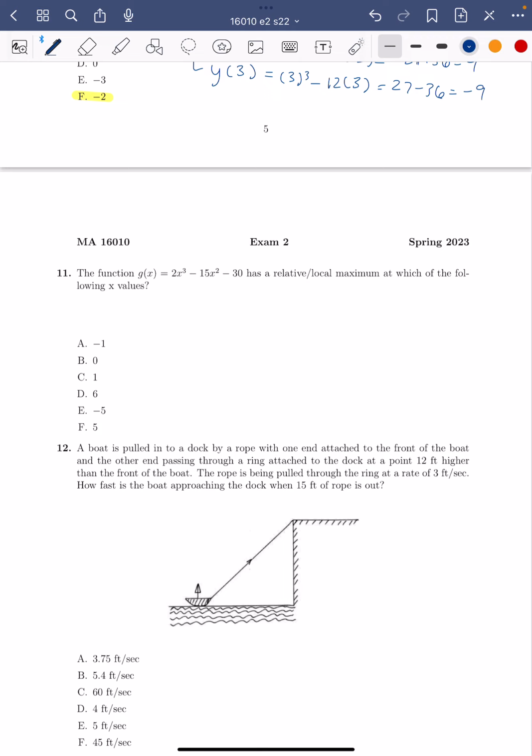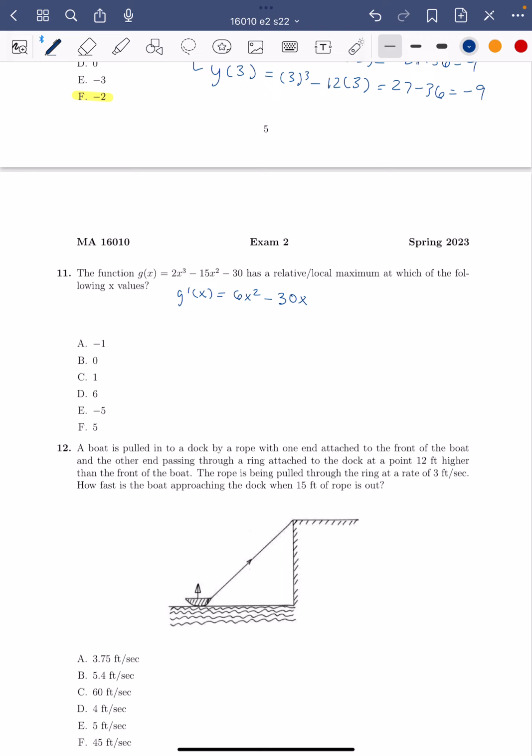So we need to start by finding the first derivative. The first derivative, so g prime of x equals derivative of 2x cubed is 6x squared minus derivative of 15x squared is 30x. Derivative of -30 is 0. So let's go ahead and find our critical points here.